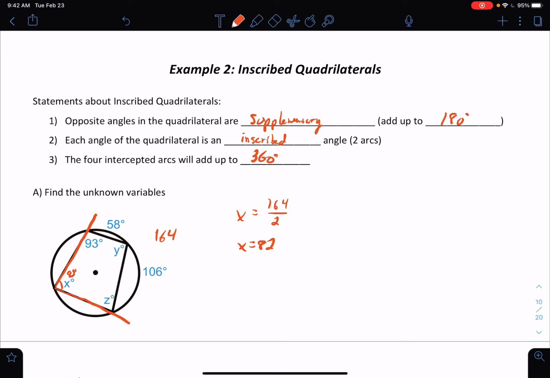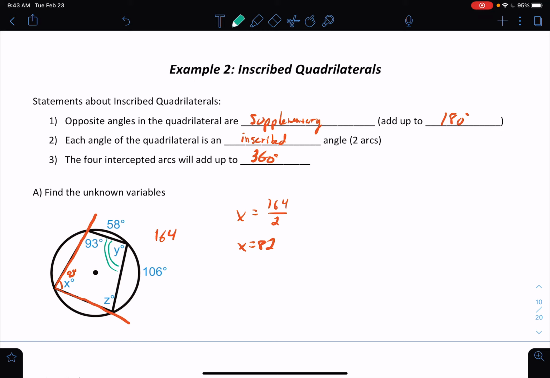Next up, what we can solve for: we know that opposite angles need to be supplementary, because x captures 2 arcs, and y, which is its opposite angle, captures the other 2 arcs. So in total, those 2 angles capture all 4 arcs, which are 360.